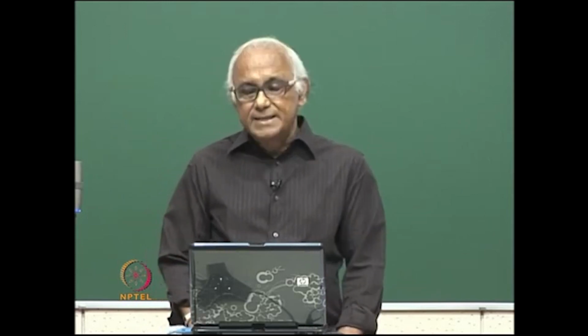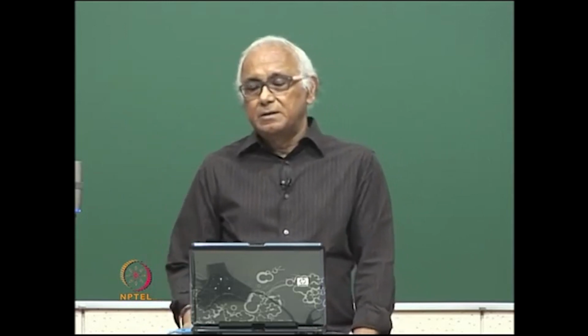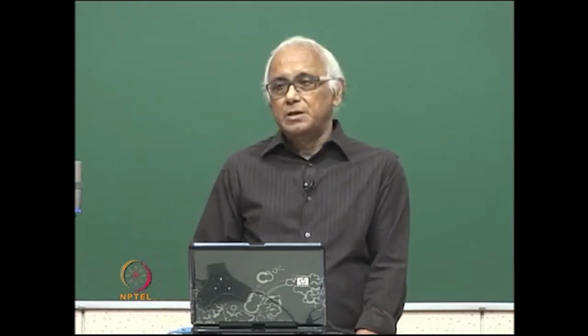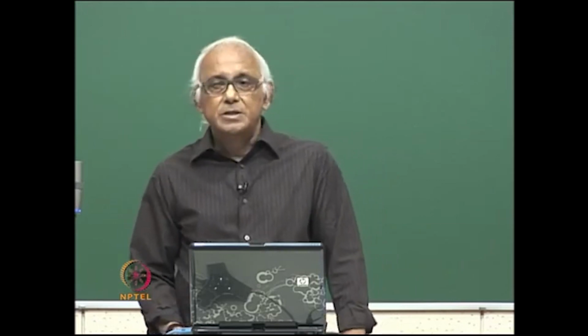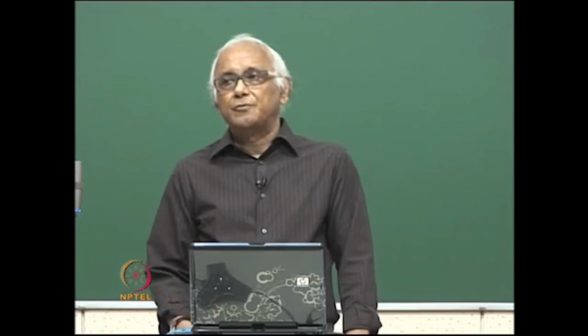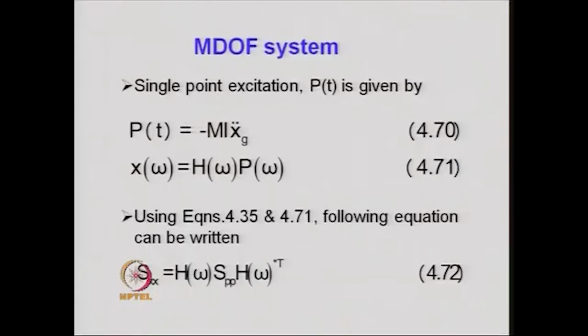This can be extended, and we will do it in the next lecture for a multi degree of freedom system, in which we will not have a power spectral density function of a single input and a single output, but we will have the power spectral density function matrix of the input vector and the power spectral density function matrix of the output vector.